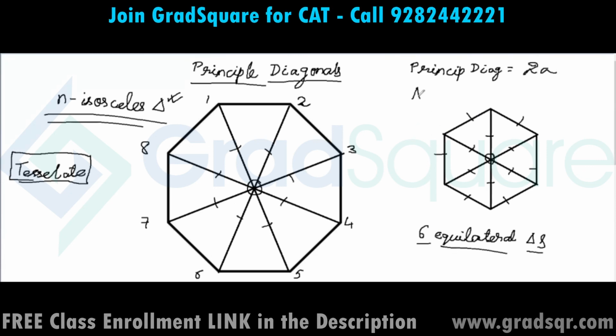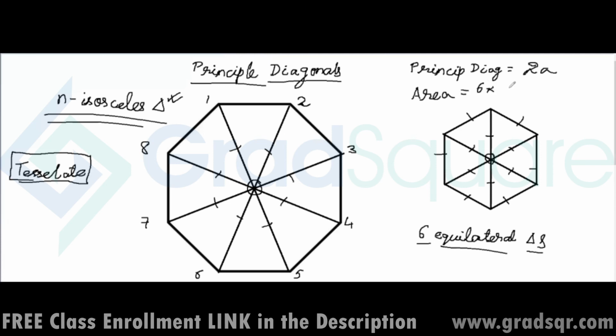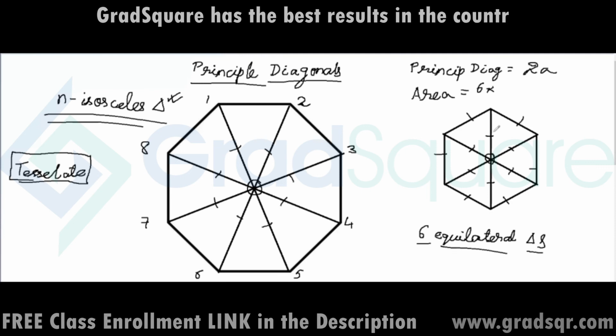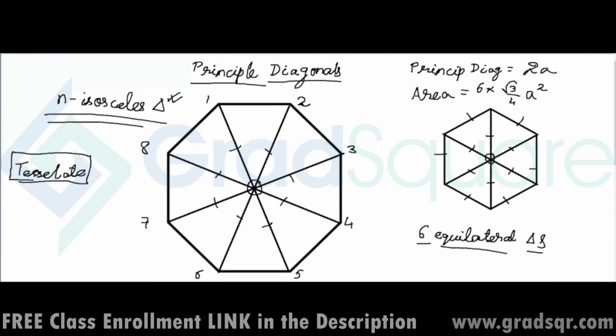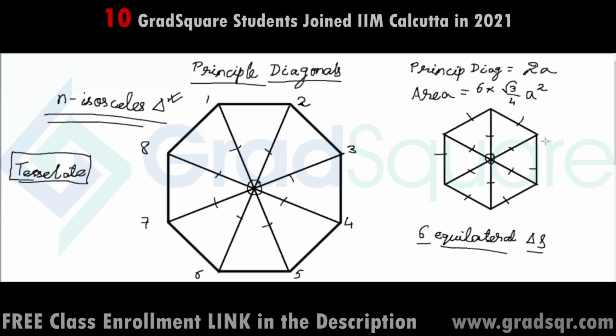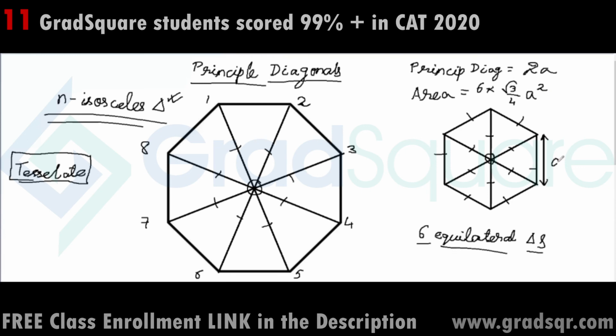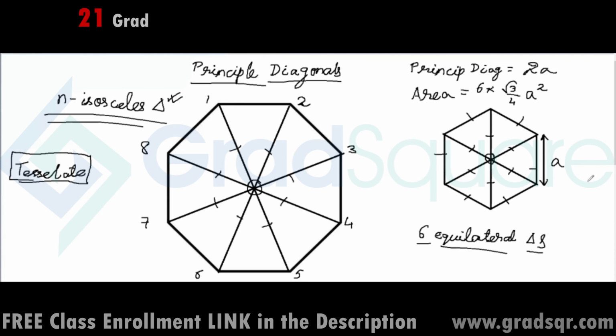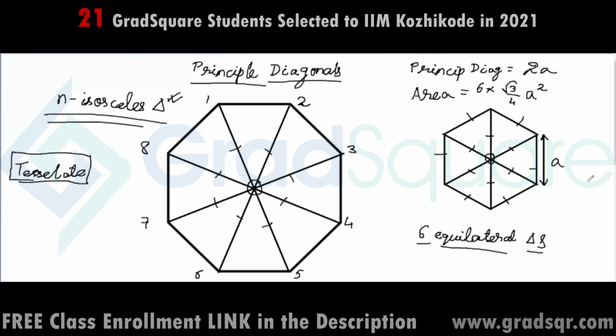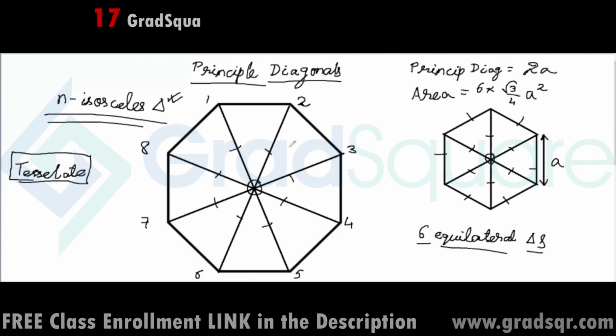And the area of the regular hexagon will be 6 times the area of each of these equilateral triangles, each of which has the same side length as the hexagon. So 6 into root 3 by 4 into a square can be taken as the formula for the area of a regular hexagon.